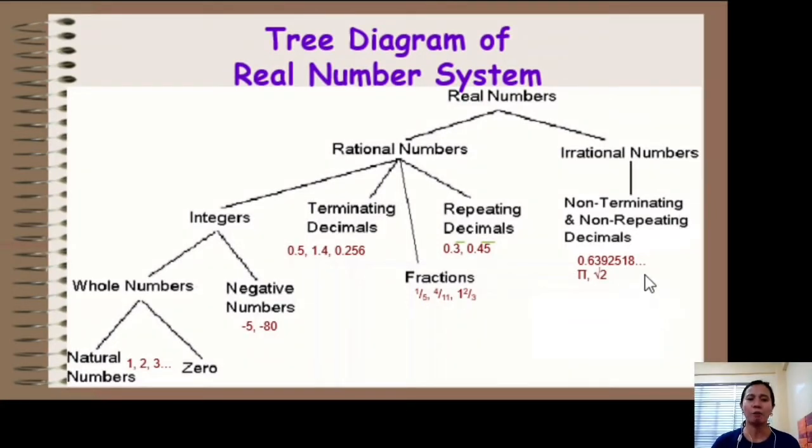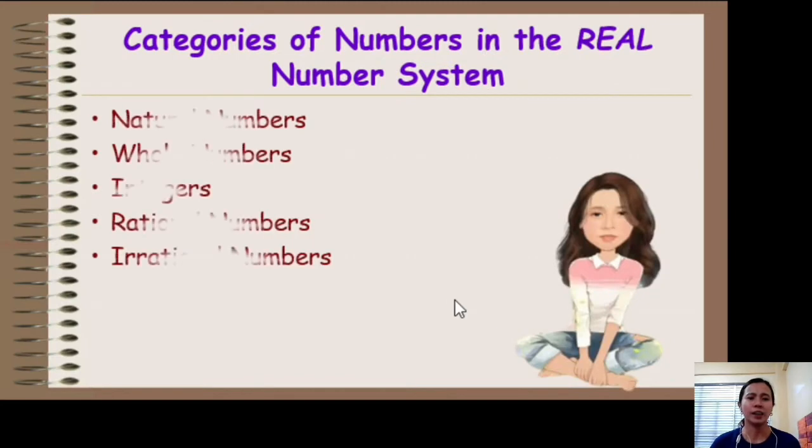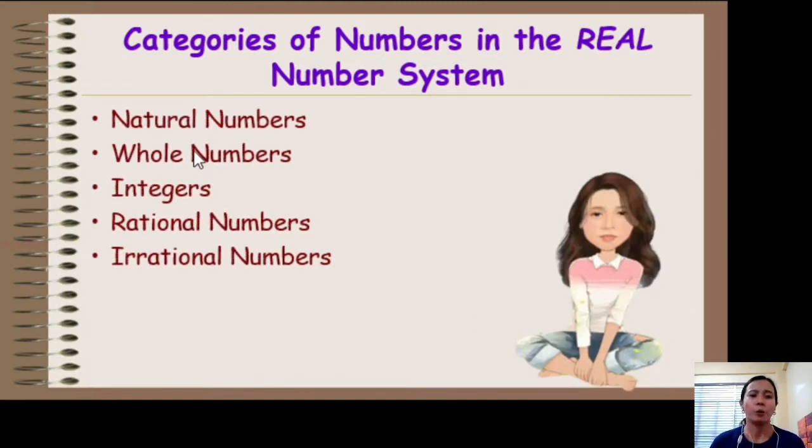In irrational numbers, we have non-terminating and non-repeating decimals. Let's have this. We have the natural numbers, whole numbers, integers, rational numbers, and irrational numbers. Those are in the real number system.